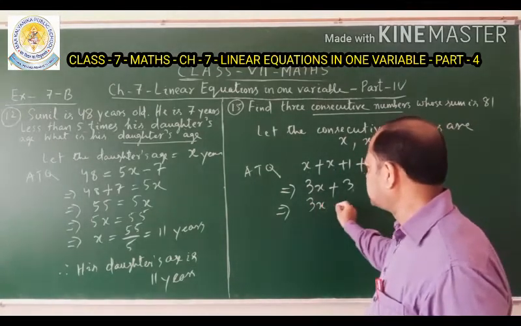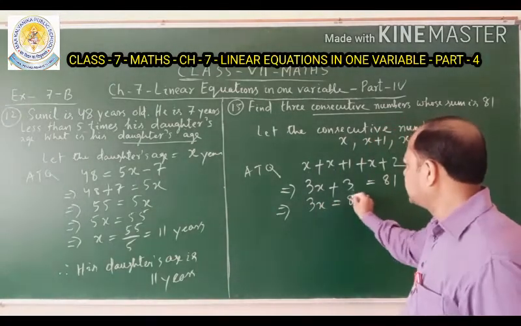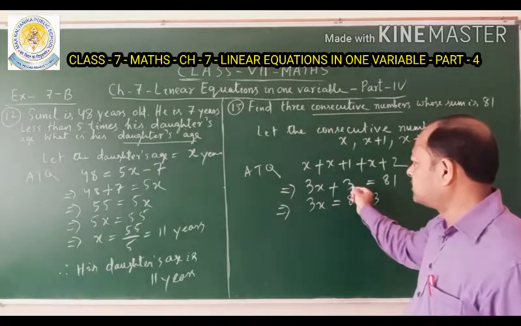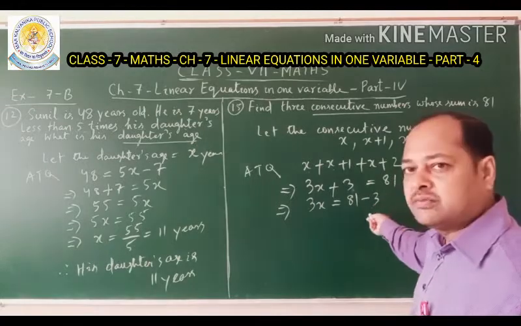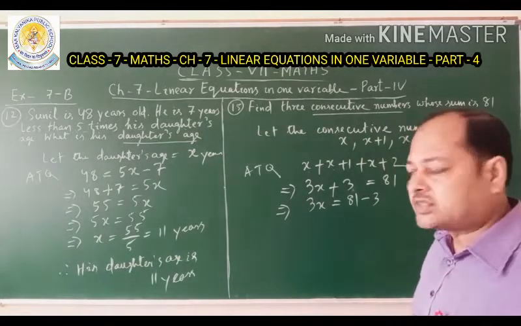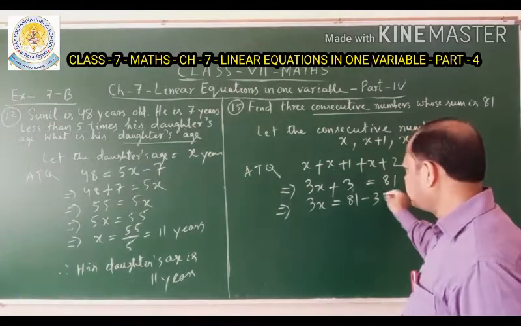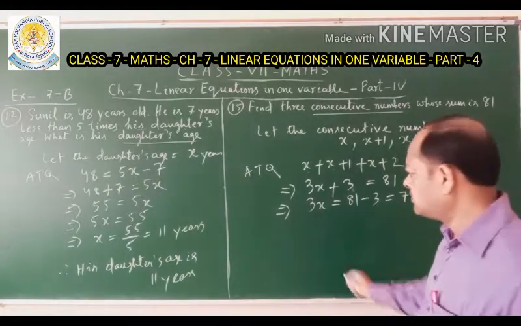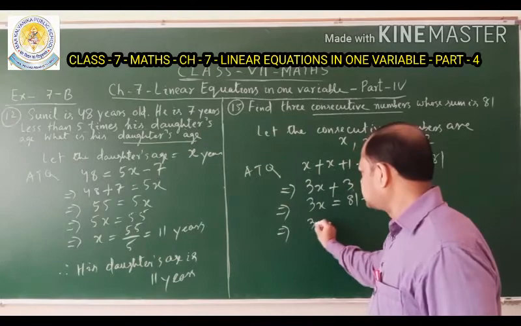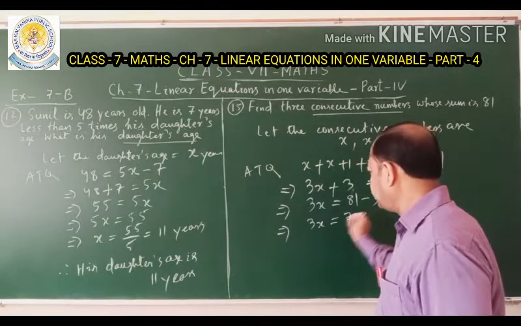When 3 is transposed, it becomes how much? 81 minus 3, because the sign of 3 is plus here. When it is transposed, its sign will be changed, that is minus 3. So what is 81 minus 3? That is 78. So 3x equals 78.